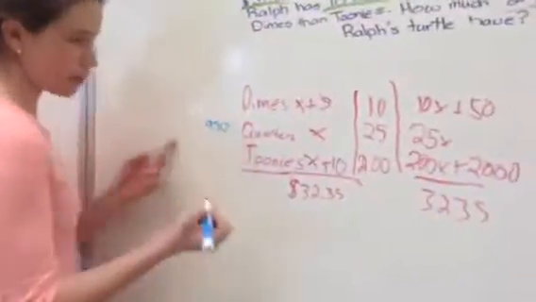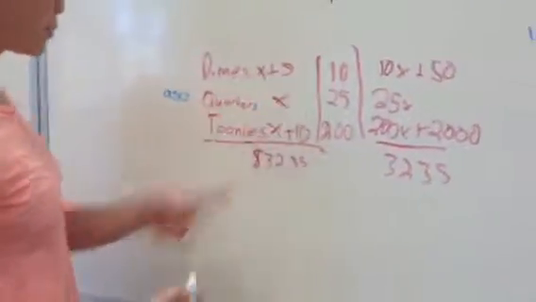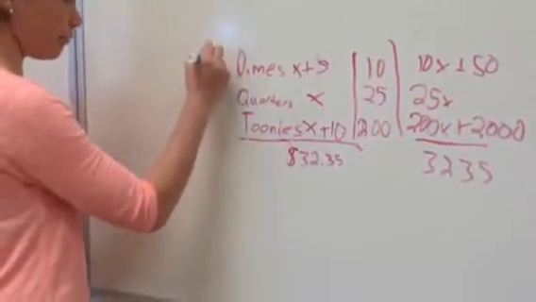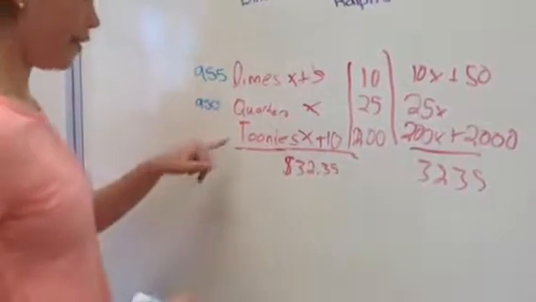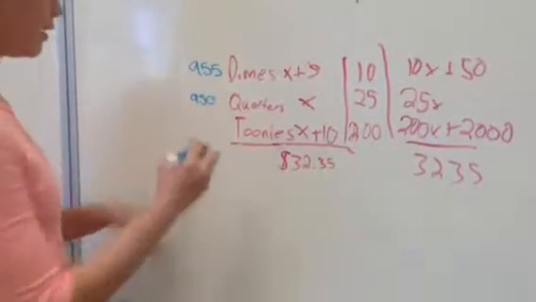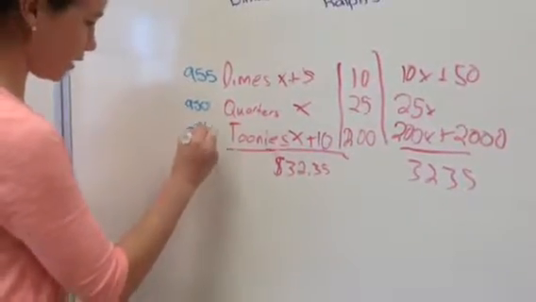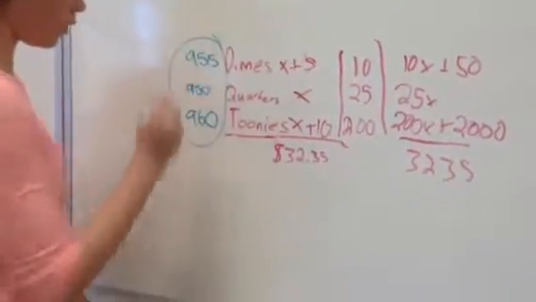So now we can put that in the question. So the variable is 5, which is x. So then dimes is x plus 5, so 10. And toonies is x plus 10, so 15. So that's how much of each coinage we have.